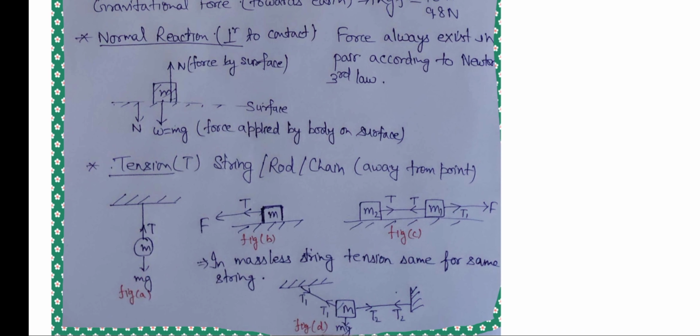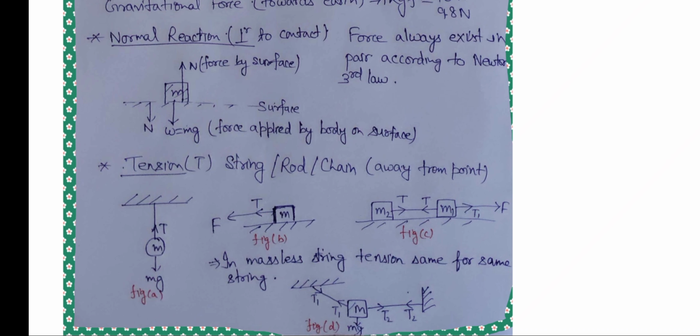In figure C, there are two masses M1 and M2 attached with a string. On the right side, force F is applied, and due to this force on the string, tension T1 is also applied. Here you can see at the right side F is the force and tension is applied away from M1. We have taken T1.